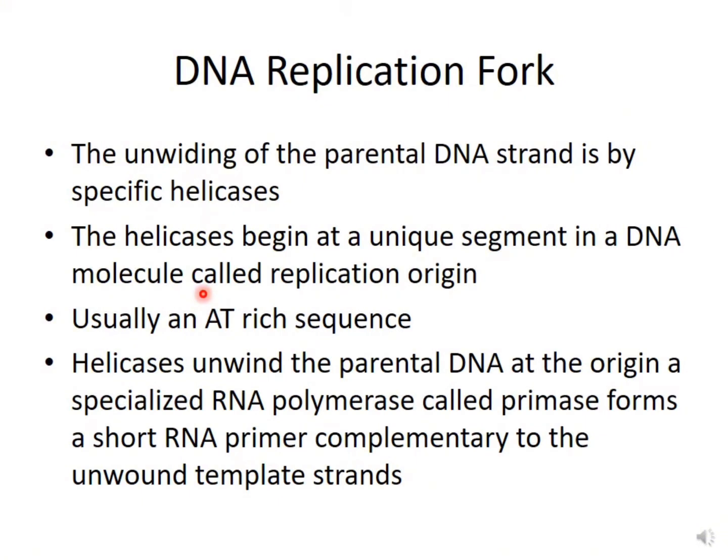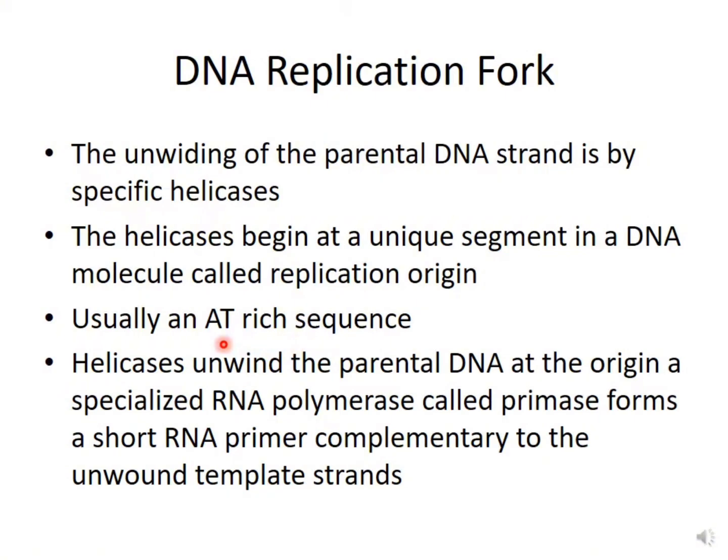In order to melt the DNA, we need energy. And we know that DNA with richer AT sequences requires less energy to unwind, to separate the two strands from one another. So the replication origin is rich in AT sequence for that purpose.